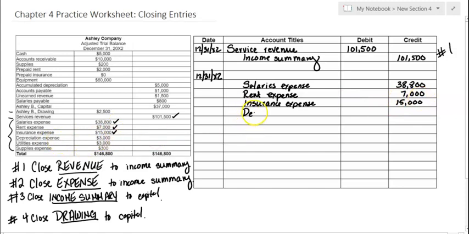Depreciation expense. Check. Utilities expense. $3,000. Another 3,000. Threw me off for a second. And one more, supplies expense for 300.